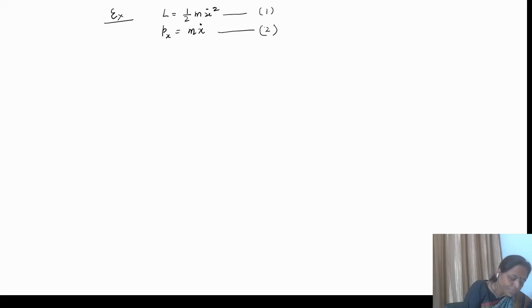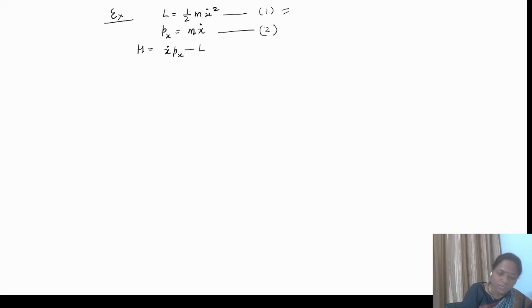Then I define H. You see here x is absent, so x is a cyclic coordinate. Naturally, H will be defined with the help of Legendre transformation, which provides x dot px minus L.